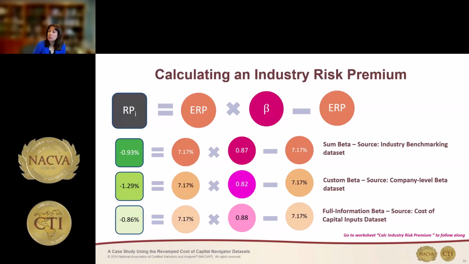So the traditional Ibbotson books, the Ibbotson Associates yearbook, and then Morningstar, they just would have this full information beta for the calculation, meaning that you could just have $1 of sales in that industry and you are captured. That's not a pure play. And so it has more companies.